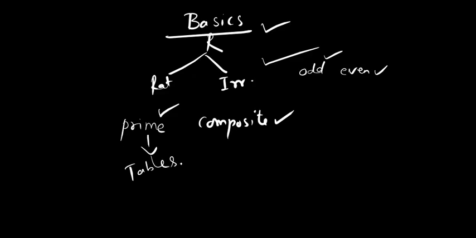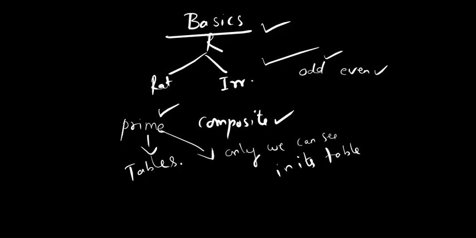Prime numbers are those numbers we can see only in their own table. For example, 2 is a number. We can only see the 2 in the 2 table, 2 ones are 2. 3, also 3 ones are 3. Of course, we can see it in the 1 table.